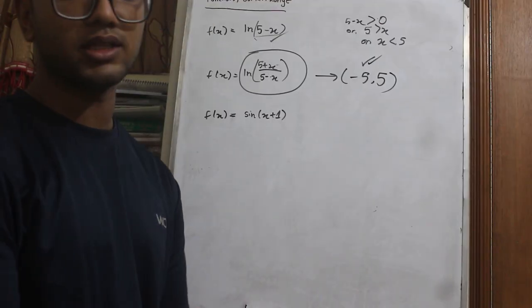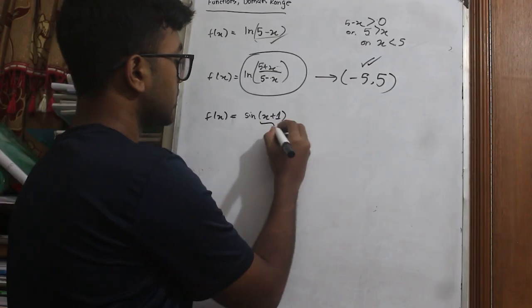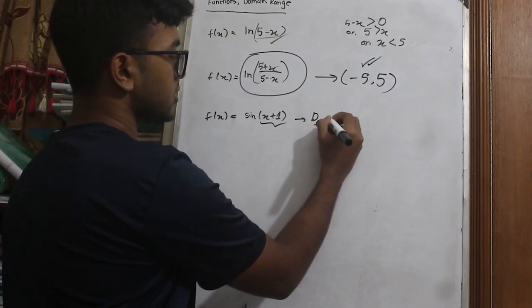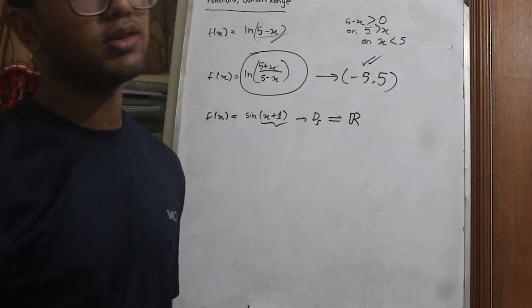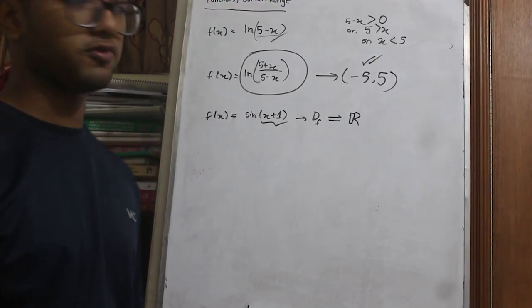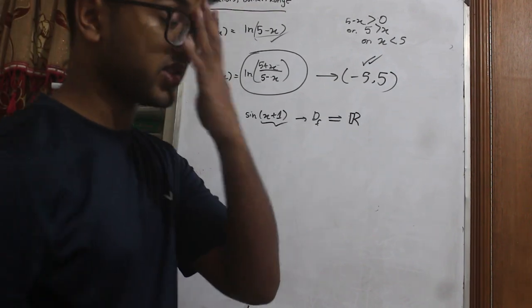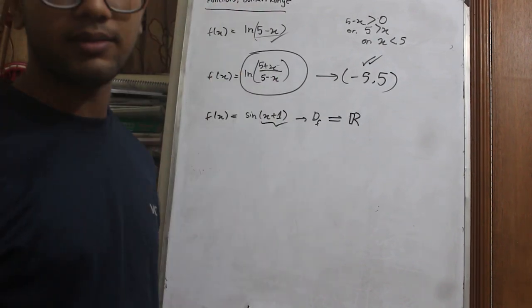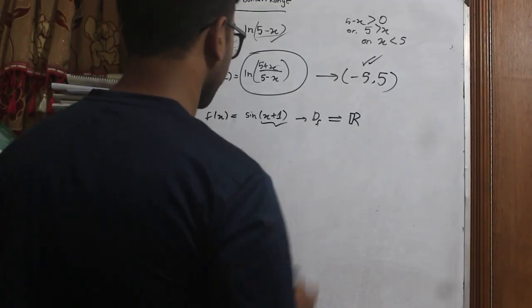No matter what real number you put in, sine is always going to have a value. So the domain for this is all real numbers. This is something you actually have to memorize, I guess, because it's just a well-known fact. If you try to determine it, it's just going to uselessly take you more time in the exam. And we all know that time is a very, and I mean very important facility.